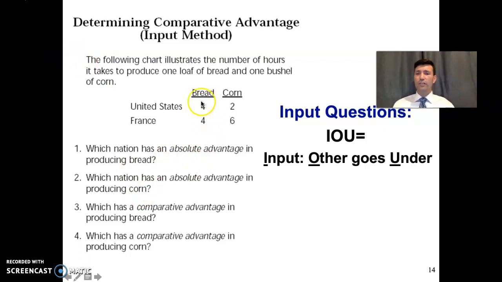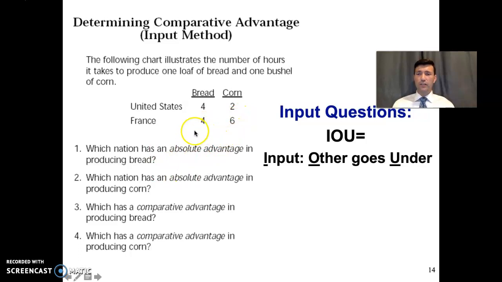If these are units of input, all you do is do the first step with the fraction backwards. So how much does bread cost in the United States? Instead of putting 2 over 4, you put 2 under 4. Input question, other goes under. Put 2 under 4. Bread costs 4 halves of a corn, or bread costs 2 corn in the United States.